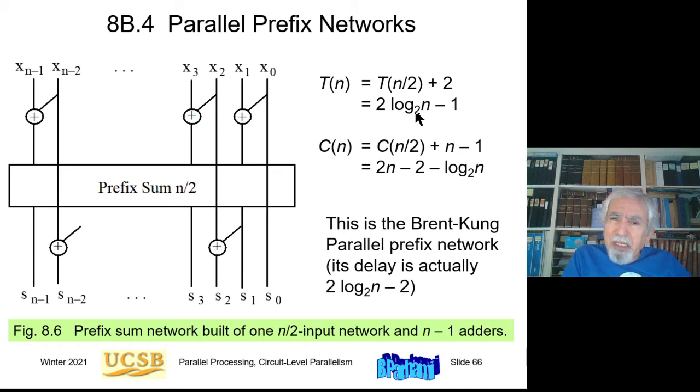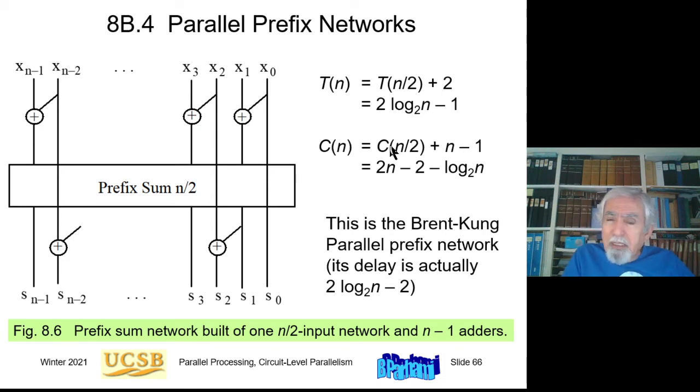And this translates to 2 log2 n minus 1. But we'll see later there's actually 2 log2 n minus 2. If I solve this recurrence, I get this solution. But because of a special feature in the design, it's actually one less than that, which can be justified. Don't worry about this. So it's logarithmic time, roughly 2 log2 n.